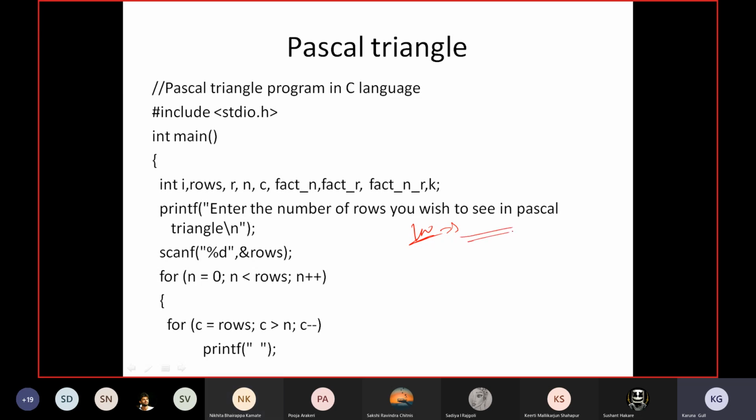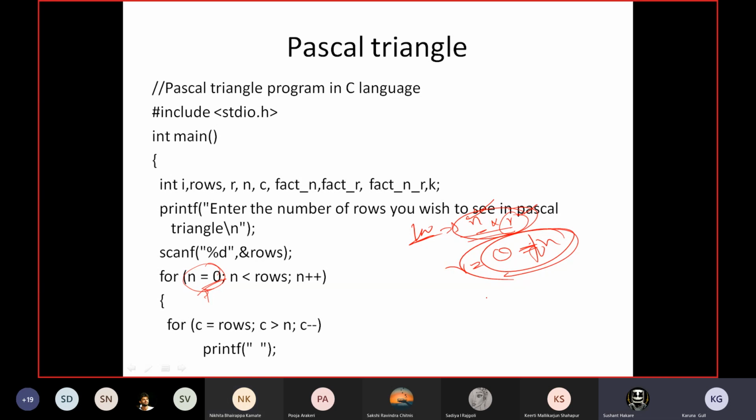So binomial coefficients you are supposed to print, and you know the value of n and r there. What is n? The row on which you are standing gives me the n value. What about r? R always begins from 0 and ends at the value given for n, so 0 to n. R is ranging from 0 to n here. Is it okay?